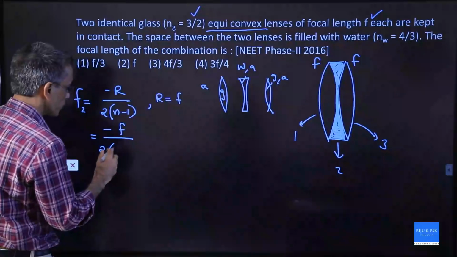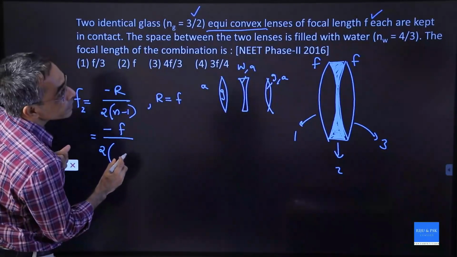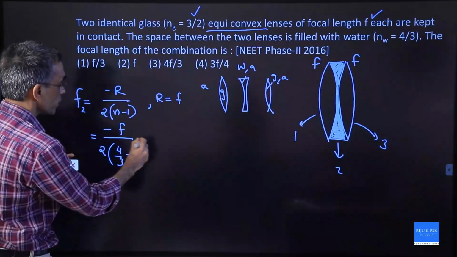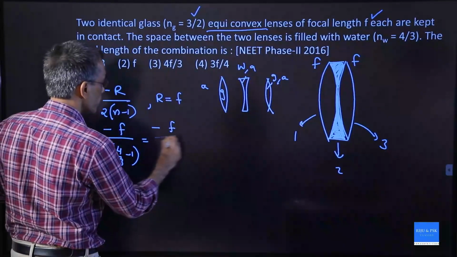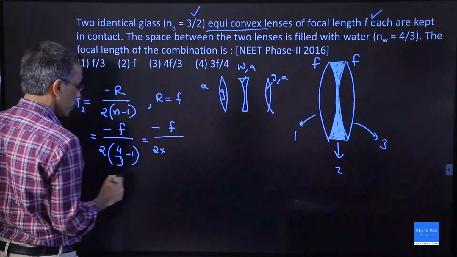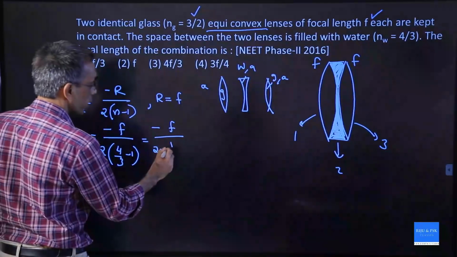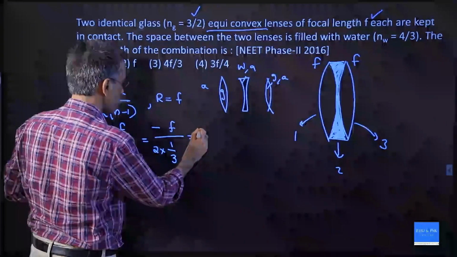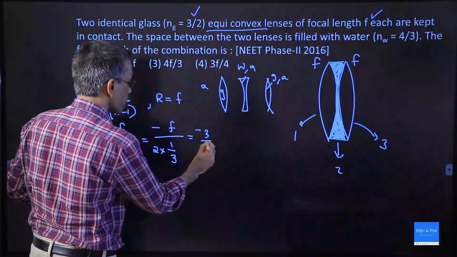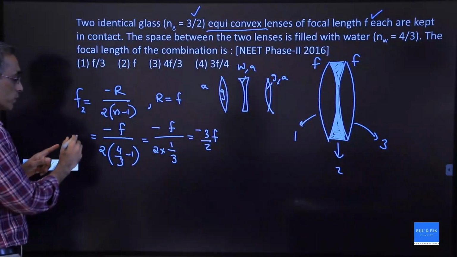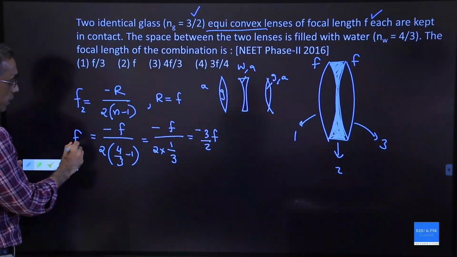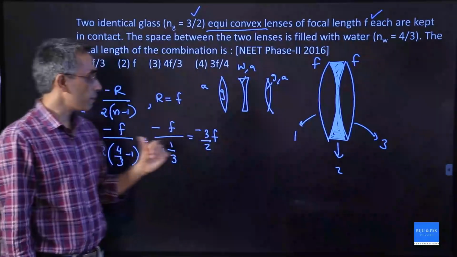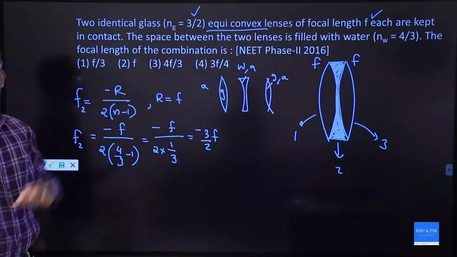So, this is 4/3, it is given, 4 divided by 3 minus 1. So, this gives you minus f divided by 2 into (4/3 minus 1 is 1/3). So, this gives you a focal length of minus 3/2 f. This is the focal length of the concave lens f2. f1 and f3 are equal, but f2 is minus 3/2 f.